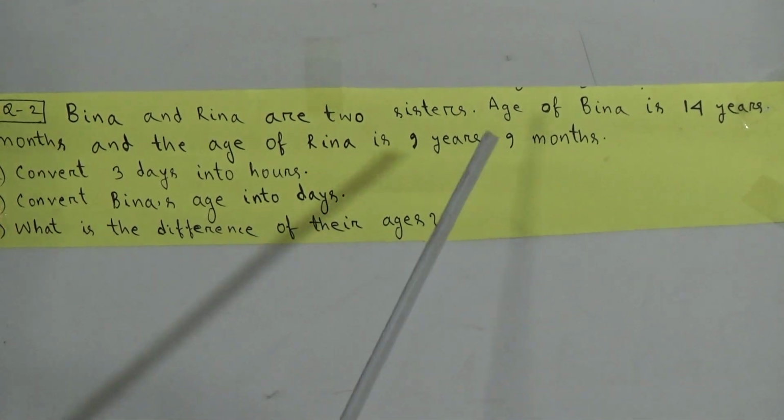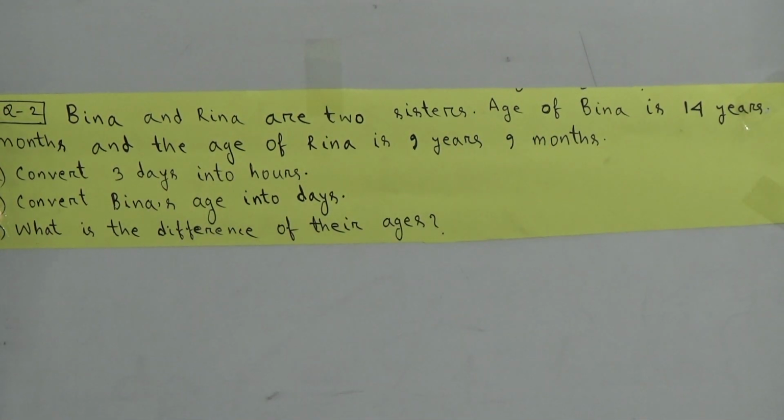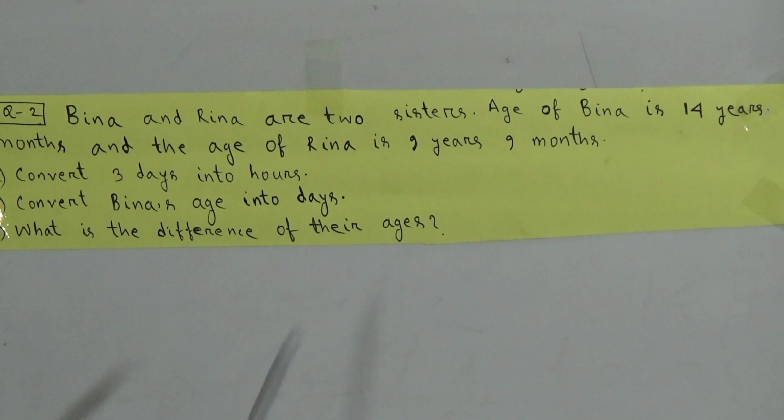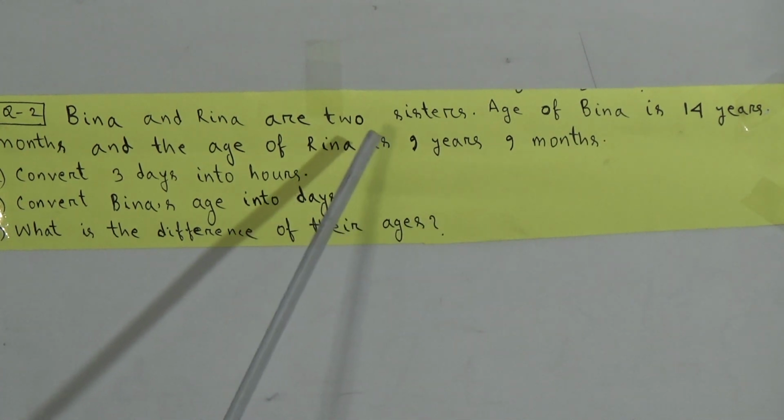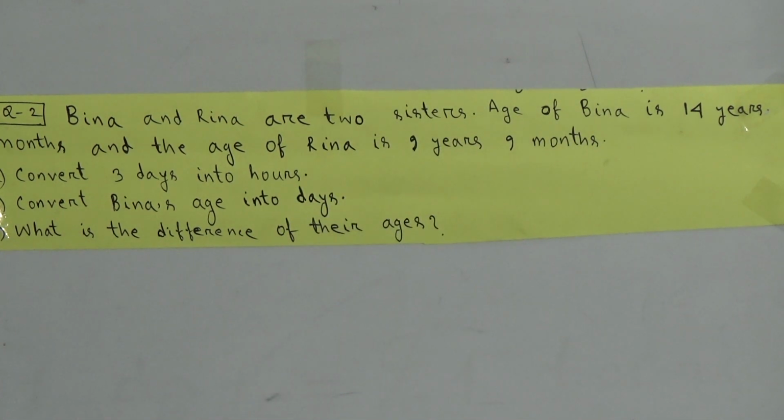Here Bina's age is given and Rina's age is also given. Here Bina's age is 14 years 5 months and Rina's age is 9 years 9 months. That means Bina's age is greater, so we have to subtract Rina's age from Bina's age. So at first we have to write Bina's age.